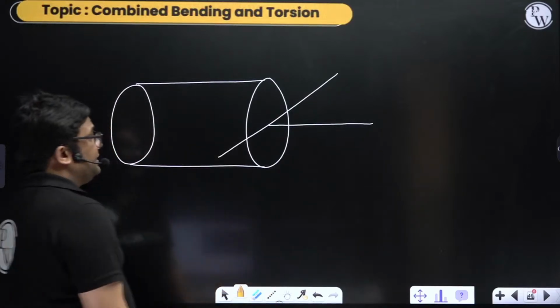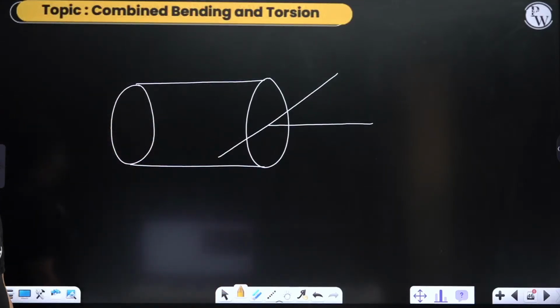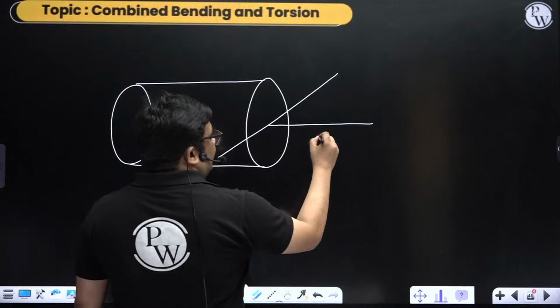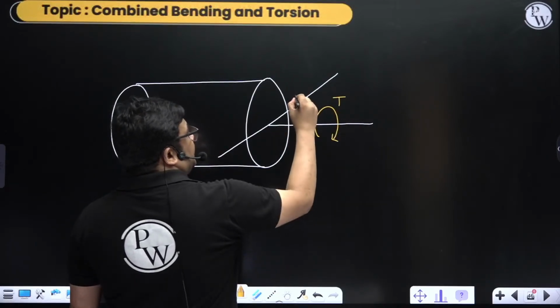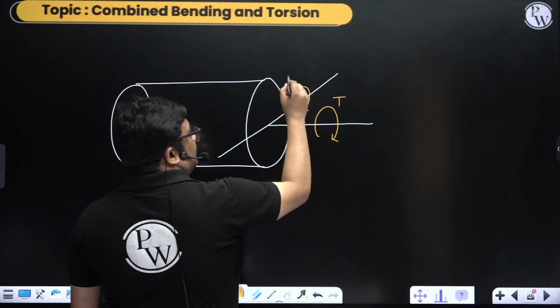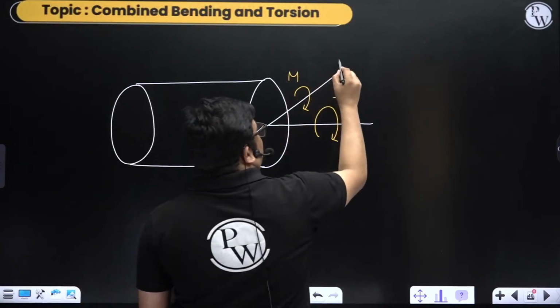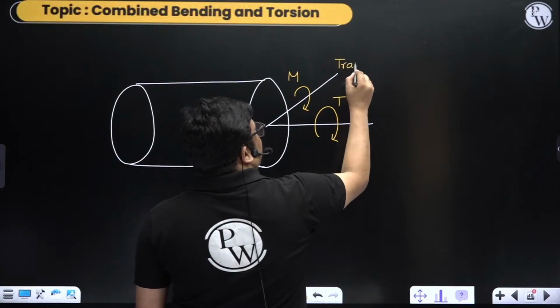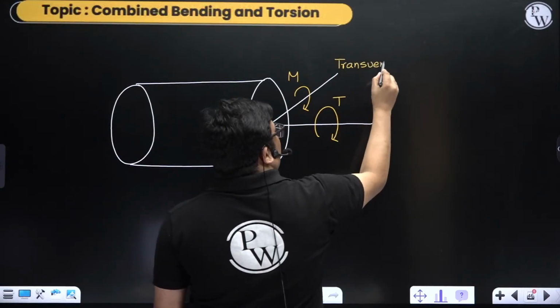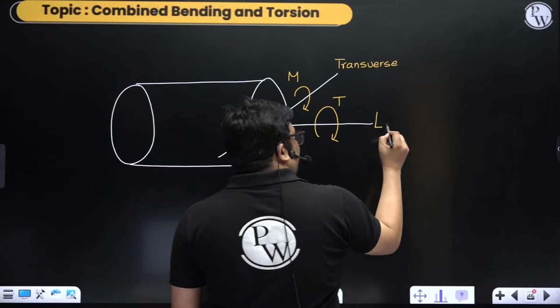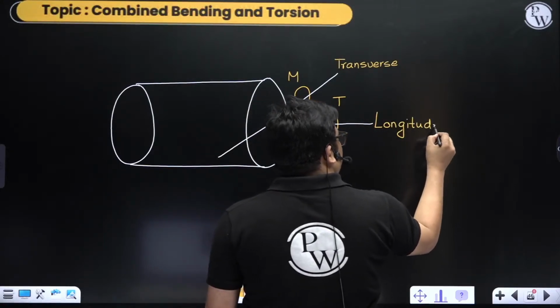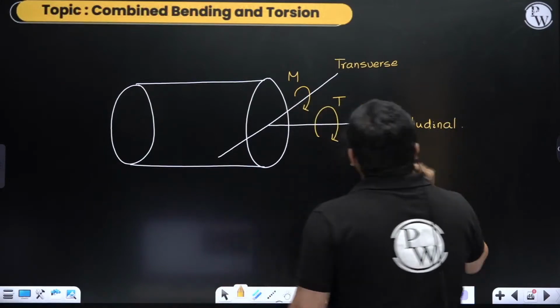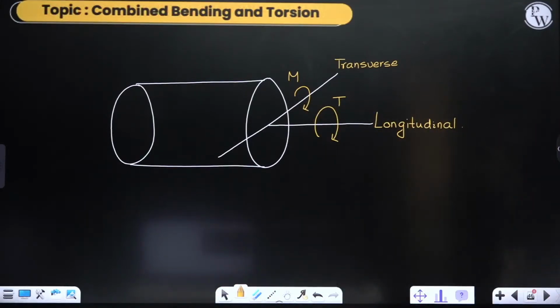We have seen at the start of the course that when there is moment about the longitudinal axis, that is the twisting moment, and when there is bending about the transverse axis, that is the bending moment. Suppose both moments are acting together. The twisting or torsional moment is there and the bending moment is also there. Then what will occur?